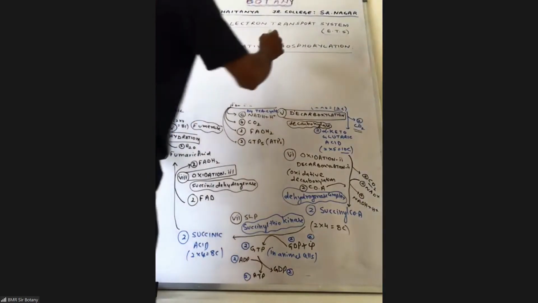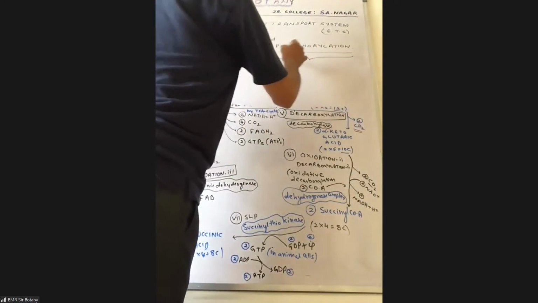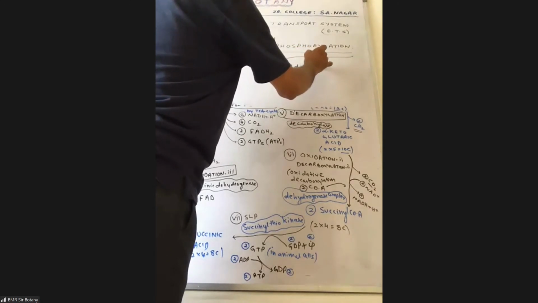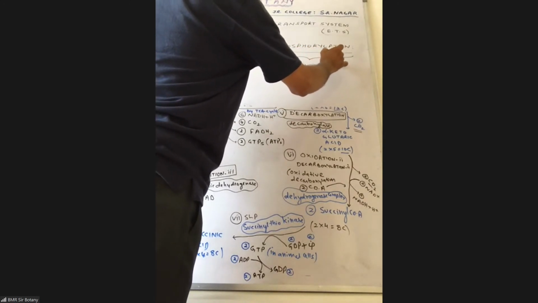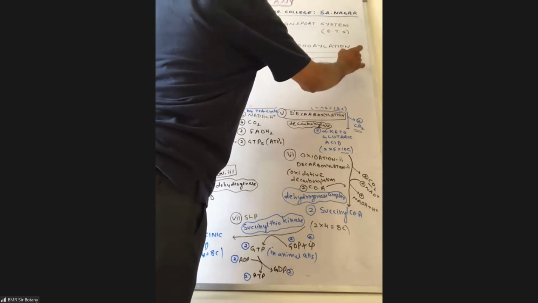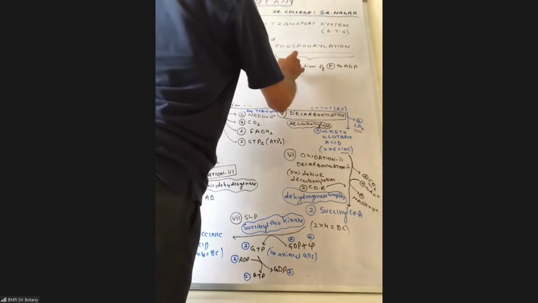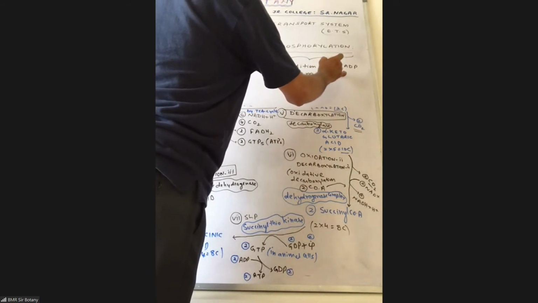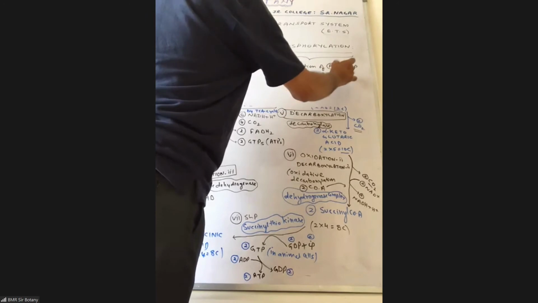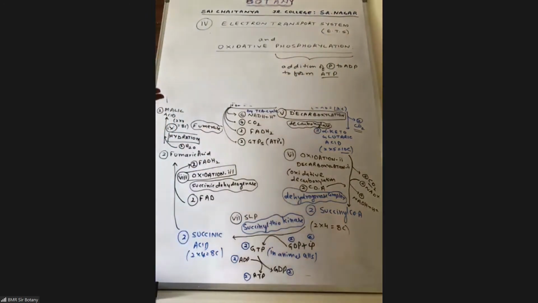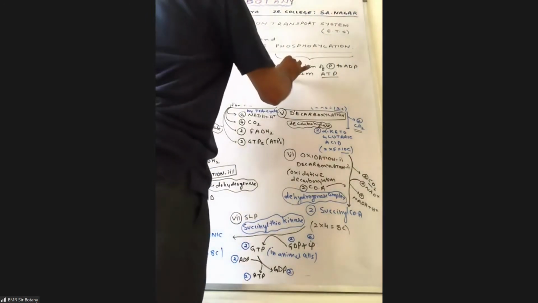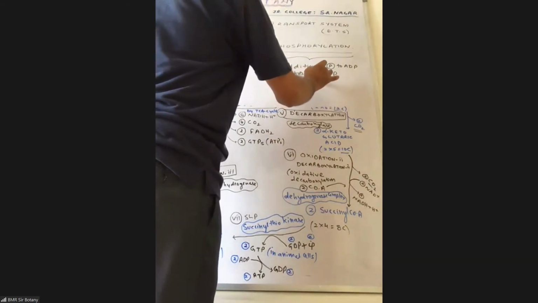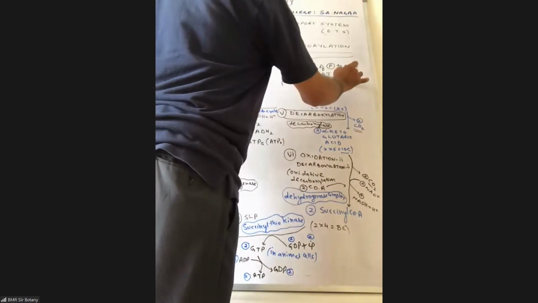So this part is actually addition of phosphate to ADP to form ATP. So it is literally going to be ADP plus inorganic phosphate.